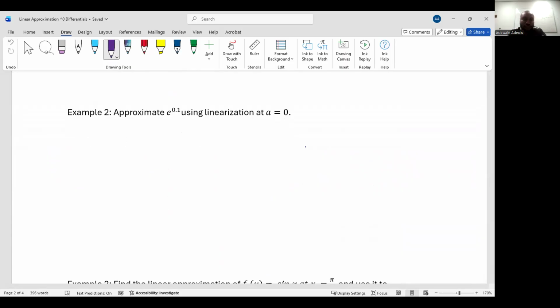Okay, approximate e raised to power 0.1 using linearization at a equals 0. In this case, we were not given a function, but we can make something up. So we can say let f of x be equal to e to the x. In that case, we are saying x is 0.1.